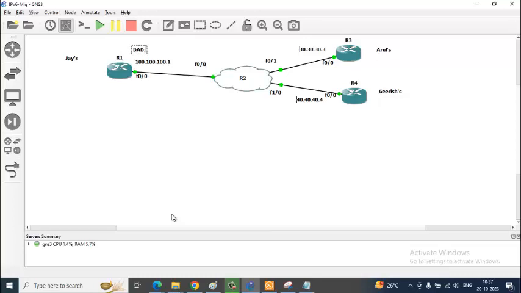I need to put 100.100.100.1 in the next two hextets. For that, I need to convert this into hexadecimal. 100, I need to convert into hexadecimal.